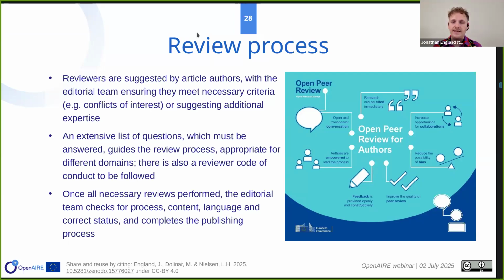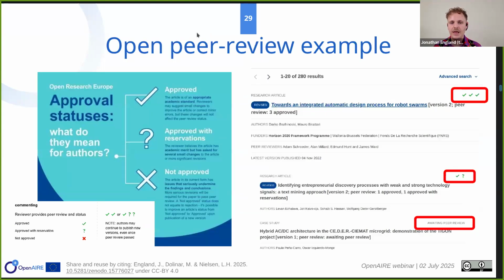There's an extensive list of questions that must be answered. And once all the reviews have been performed, the editorial team will check the process, the content, the language, and all that.